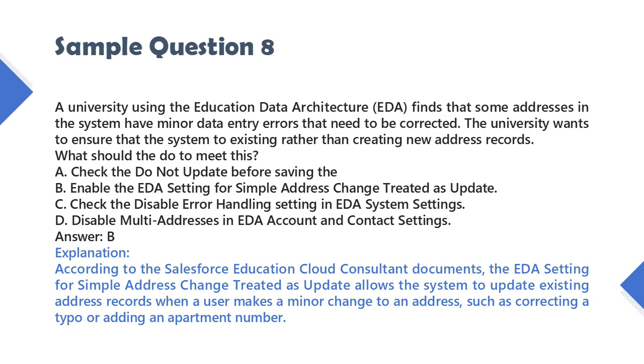A. Check the Do Not Update before saving. B. Enable the EDA setting for simple address change treated as update. C. Check the Disable Error Handling setting in EDA system settings. D. Disable multi-addresses in EDA account and contact settings.